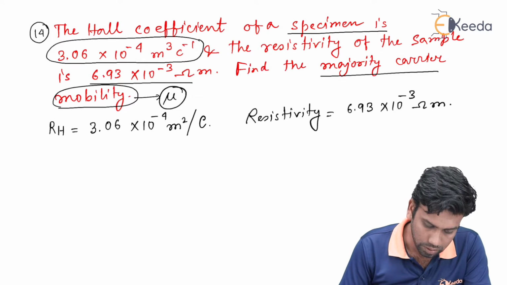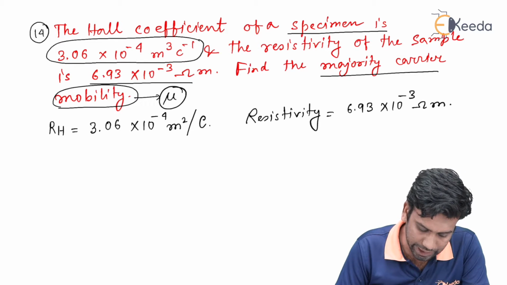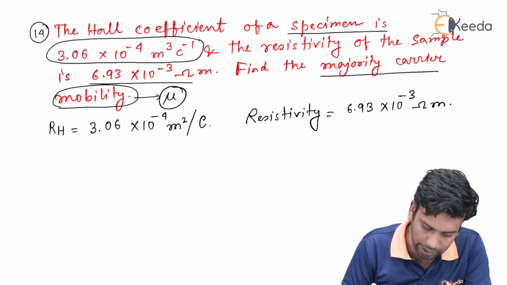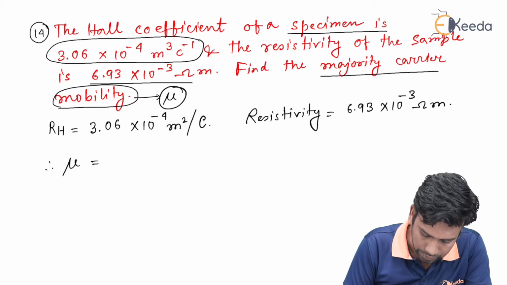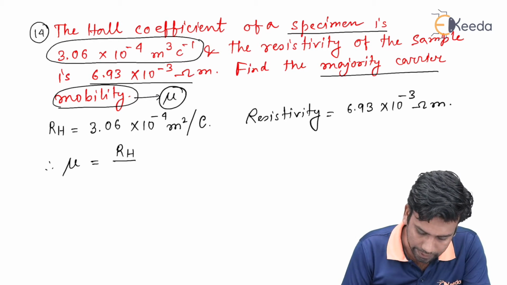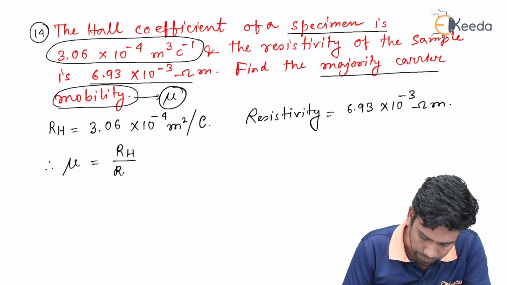Now we have to find the majority carrier mobility, and we know that the mobility value can be found as RH divided by the resistivity value.